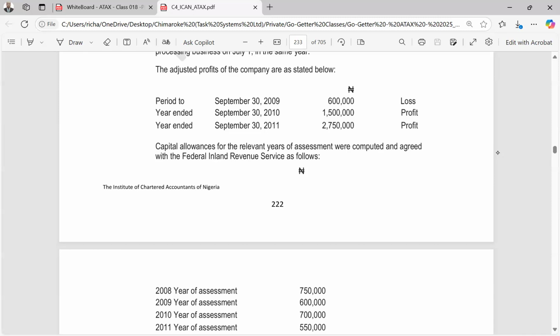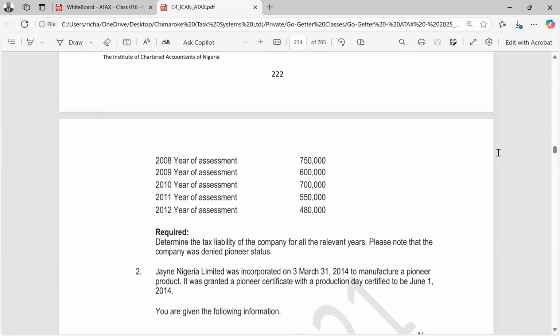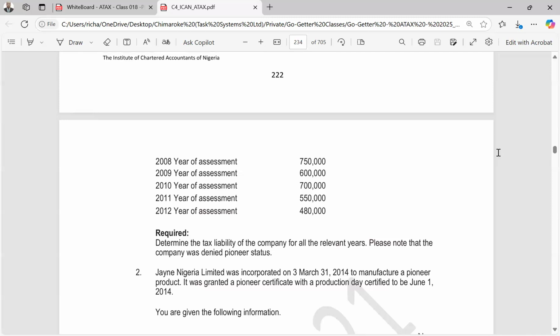So you can see here that capital allowance starts from 2008 down to 2012. And that's the relevant period. Now, the question says, determine the tax liabilities for all relevant years.